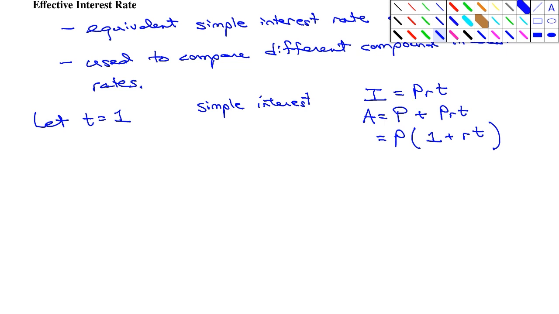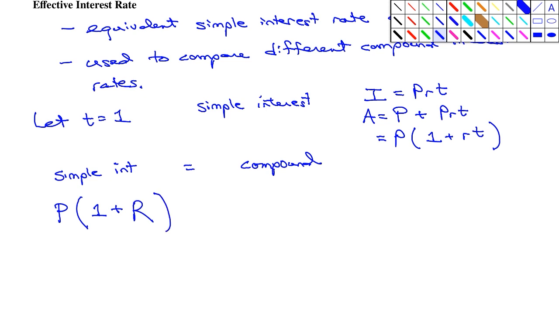So what we're going to do is set the simple interest equal to the compound interest after 1 year. So this would be P times 1 plus RT. I'm going to use a big R for this, and the T is 1, so there's nothing there. And I'm going to use little r for the compound one, because they are different interest rates; that's the whole point.